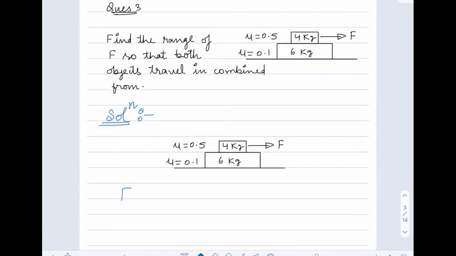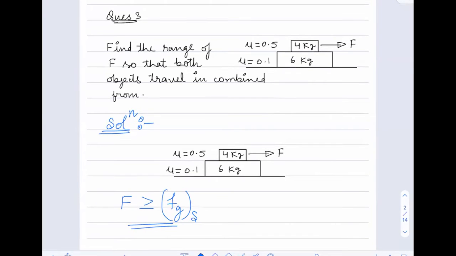So the first thing I can say is that the force must have at least a minimum value, or it should be greater than or equal to the frictional force offered by the ground, the static friction value. The force must be greater than that or equal to that. For the equal to condition, it will be the minimum. So let us find the static friction value offered by the ground. What I can write is mu mg.